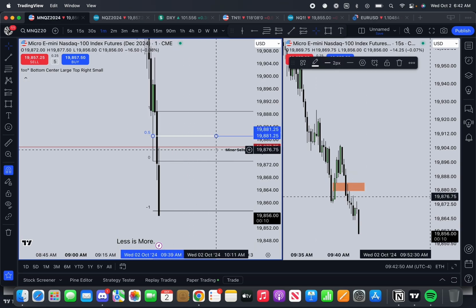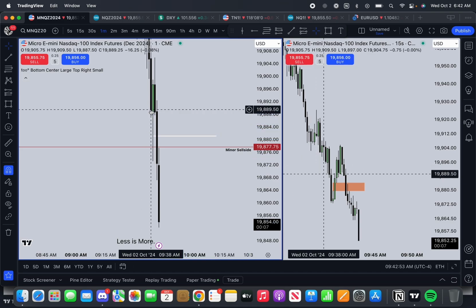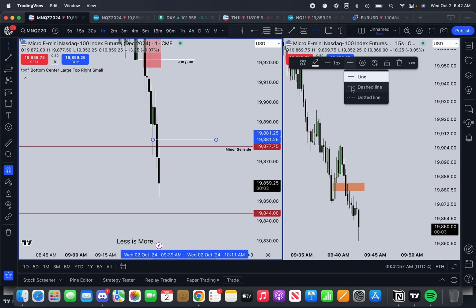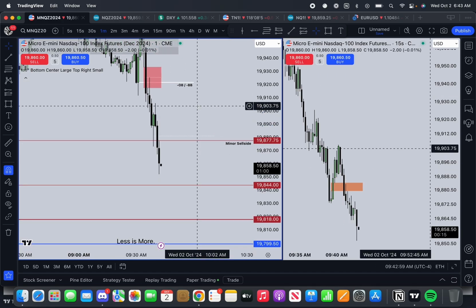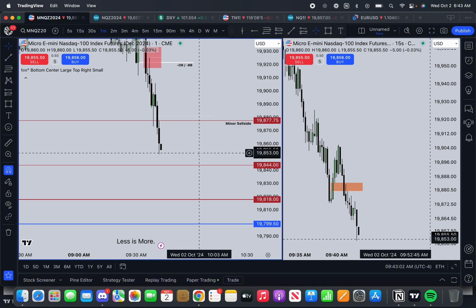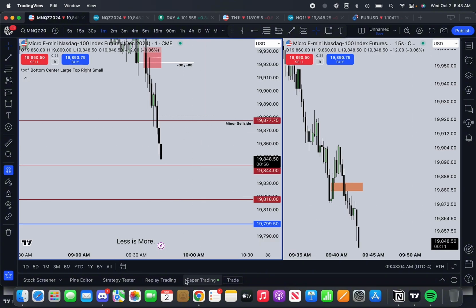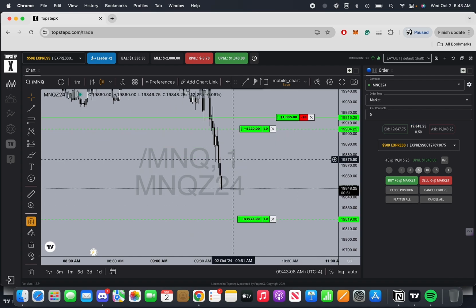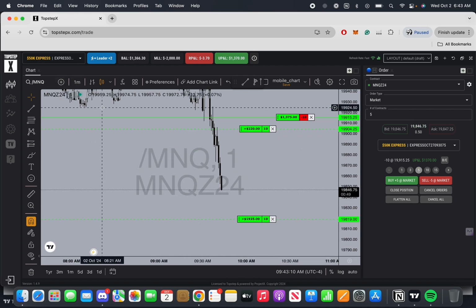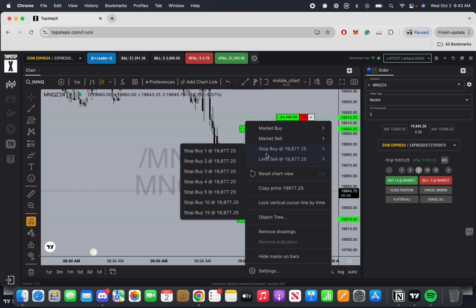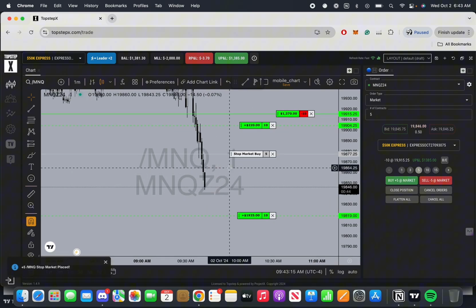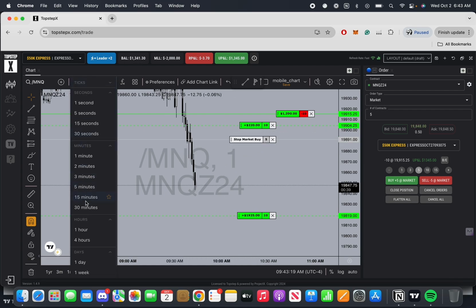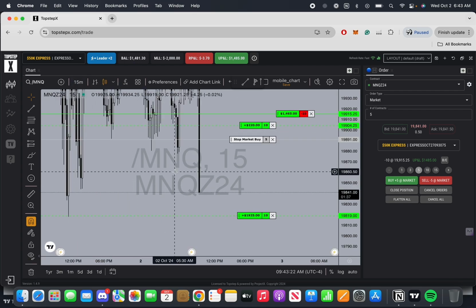If we do want to retrace, I'm gonna take a partial at 19,844. I'll trail a stop for half once we take out that liquidity, like how we just did.